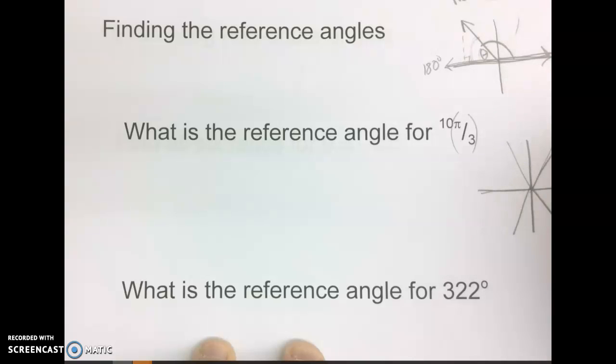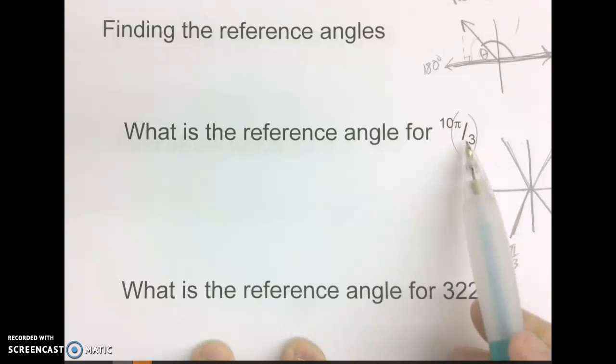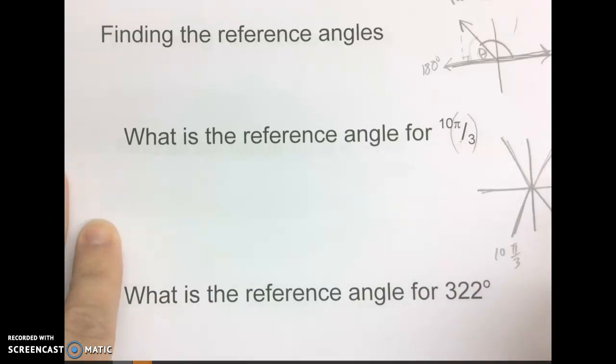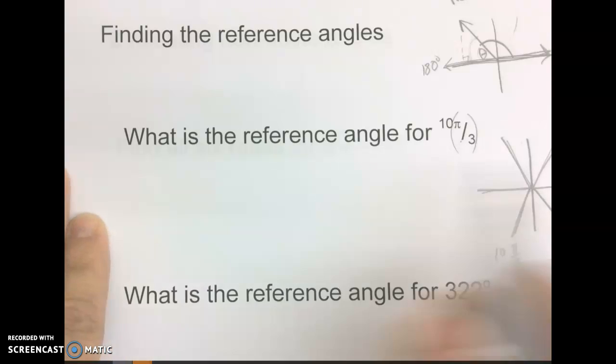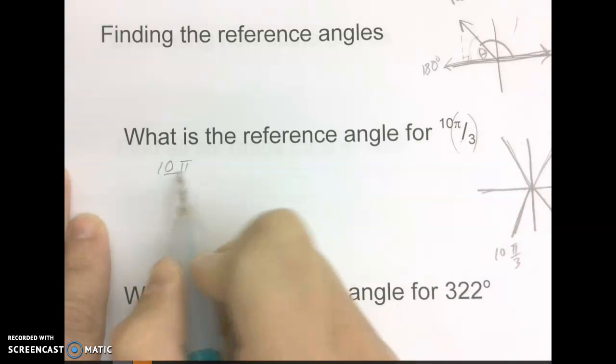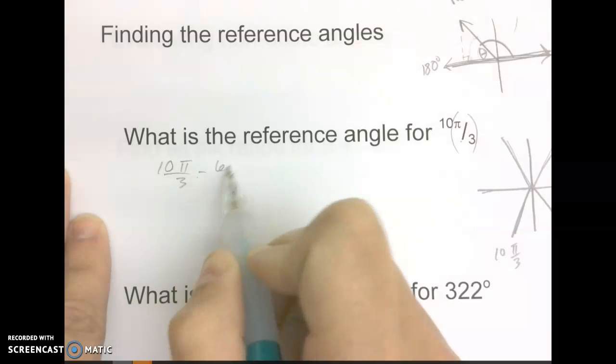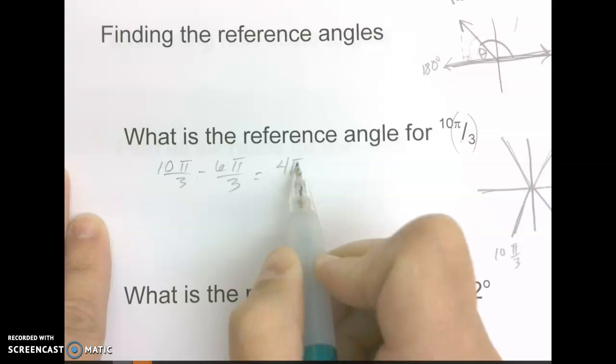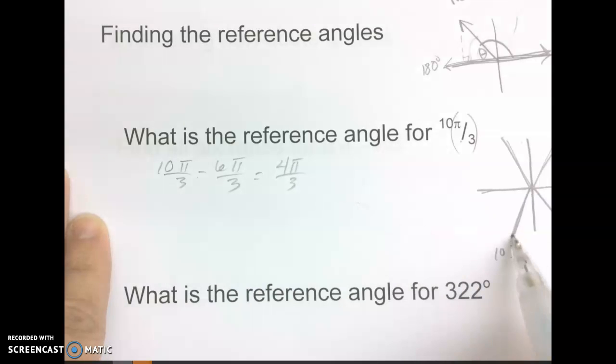Then we've got 7 pi over 3, 8 pi over 3, 9 pi over 3, and 10 pi over 3. Another way that I could find what this is, I could subtract or find coterminal angles. So I could take 10 pi over 3 and subtract 6 pi over 3, and I end up with 4 pi over 3, which is, of course, right here.